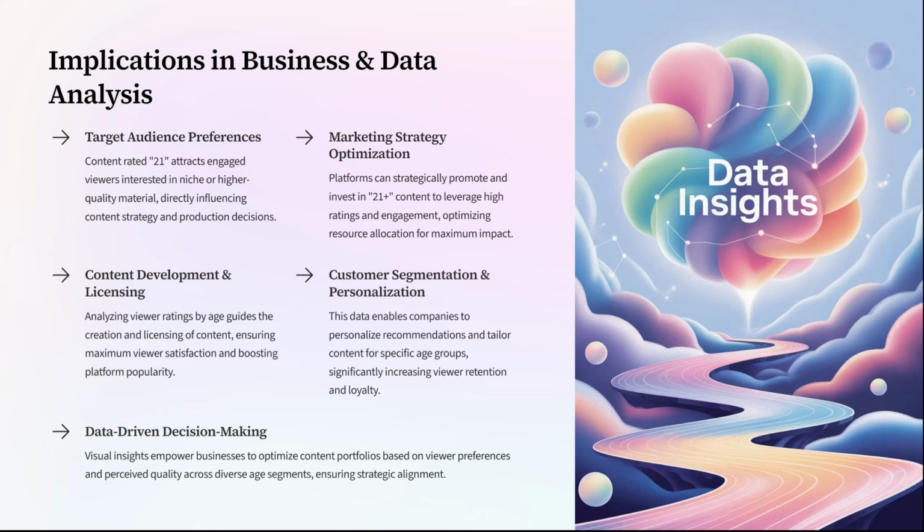The rating 21 is attracting viewers who are likely more satisfied or engaged, perhaps because it appeals to a mature audience interested in niche or higher quality content. On this platform, we might consider promoting or investing more in content for the 21 plus audience if data show higher ratings and engagement. Third is content development and licensing.